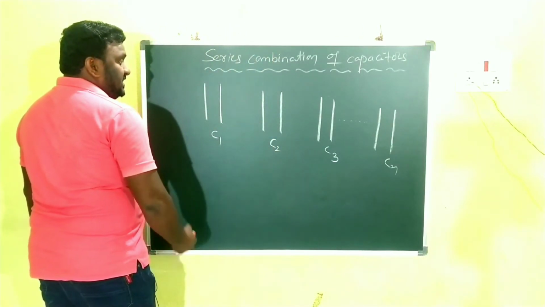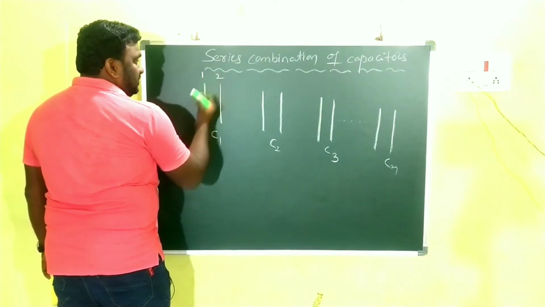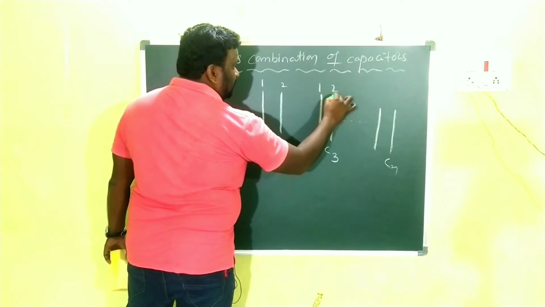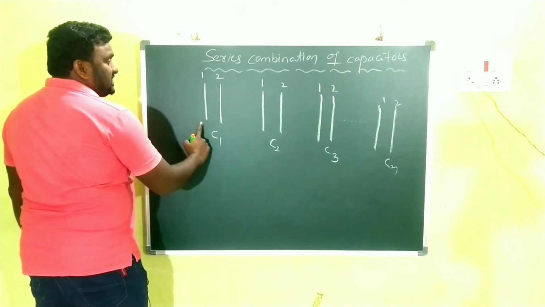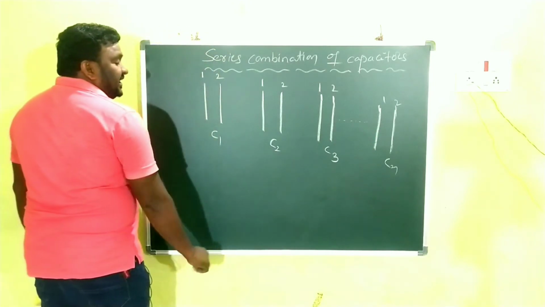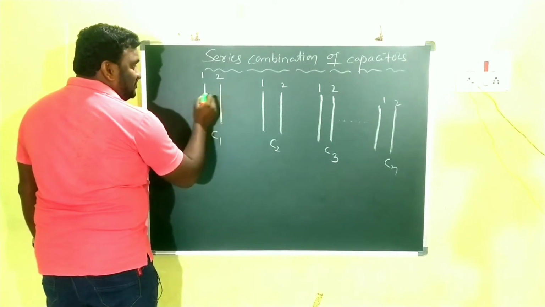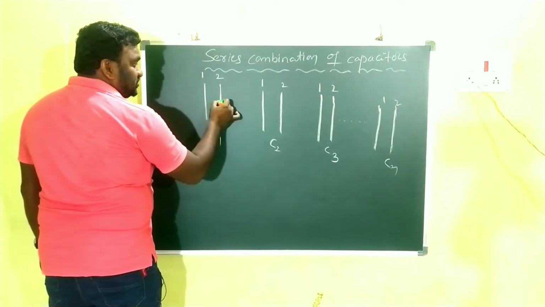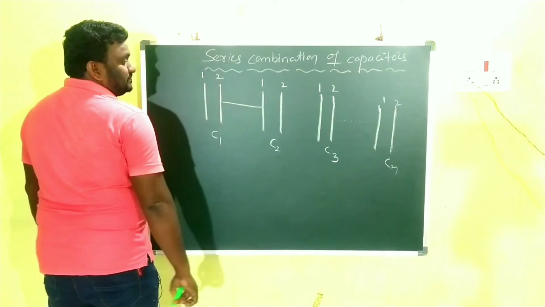After that, they should be connected like this. This is the first capacitor with first plate and second plate, then the second capacitor, the third capacitor and the fourth capacitor. The connection should be like this. The second plate of the first capacitor is given to the first plate of the second capacitor.